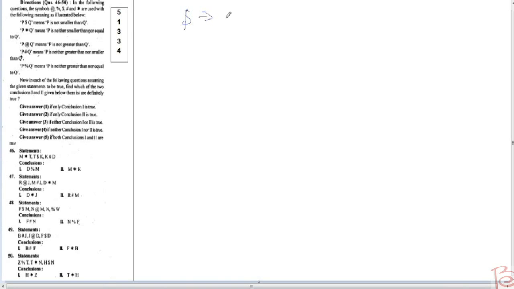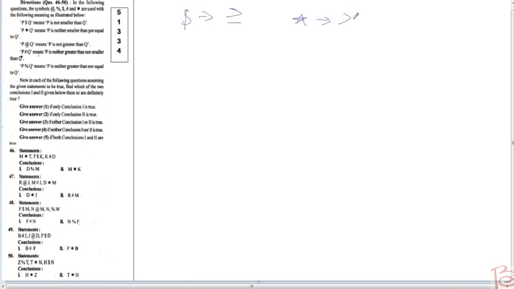So dollar sign means greater or equal. The next one is star. The star sign means P is neither smaller than nor equal to Q. That means it is greater than. They are telling you that it is not smaller nor equal, so it's greater.